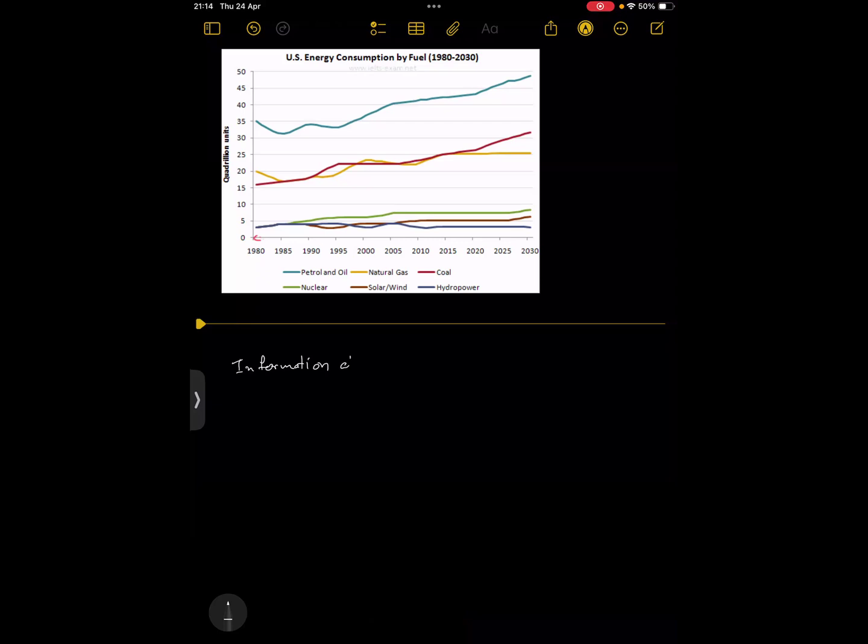Information about the US energy consumption by different fuel sources is given.